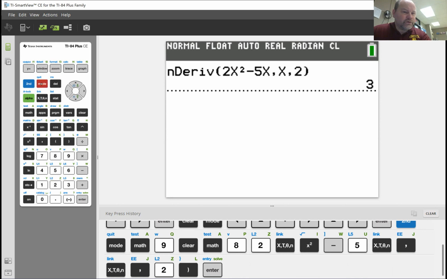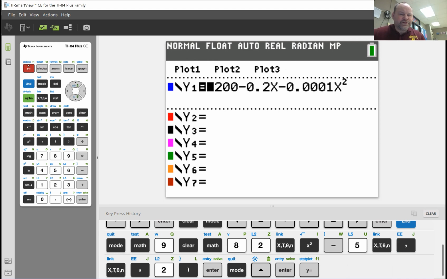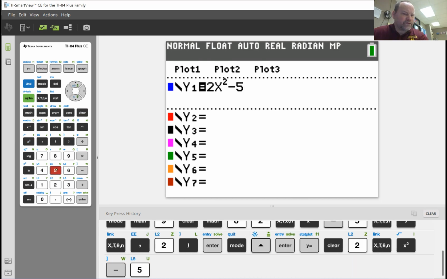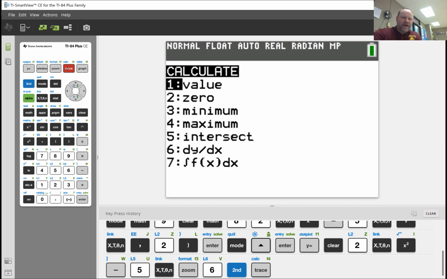You could also plug your function into the y equals, 2x squared minus 5x. I'm going to go with my standard window. If you go second trace, you'll see option 6, dy over dx.